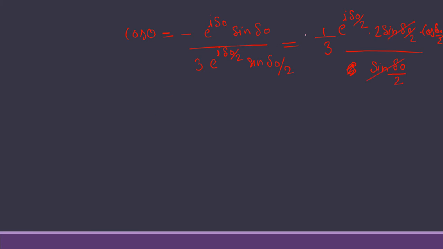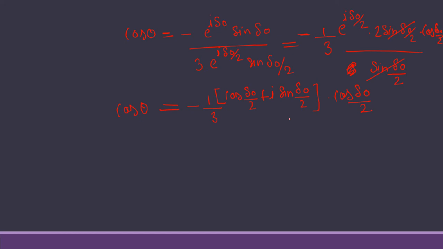And there will be a minus sign. So what you will get? Minus 1 by 3. Now open this, e to the power i delta naught by 2, e to the power ix is cos x plus i sin x, so cos delta naught by 2 plus i sin delta naught by 2, into cos delta naught by 2. Here you have cos theta.